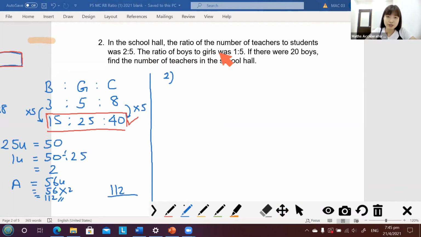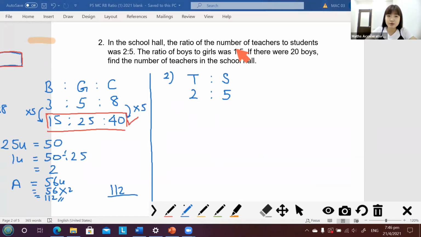In a school hall, the ratio of number of teachers to students is 2:5. T for teachers to students, that is 2:5. Remember, your ratio can represent units. So what this means can be 2 units for teachers, 5 units for students. It can also mean the simplified version of the actual number of teachers and students.